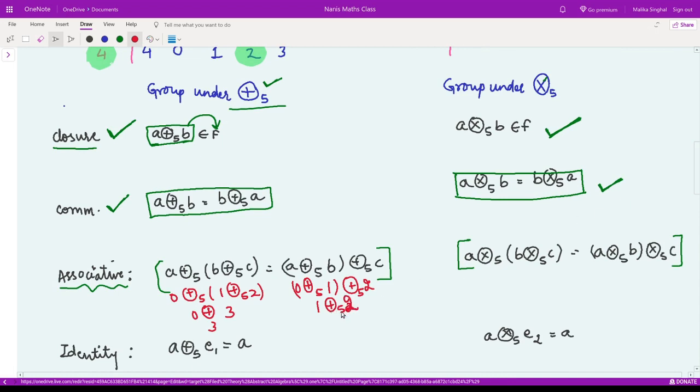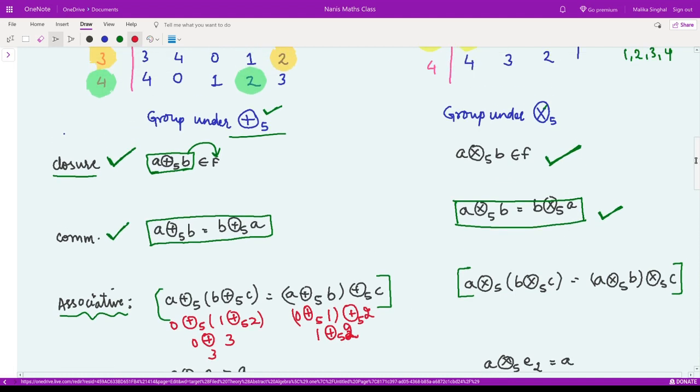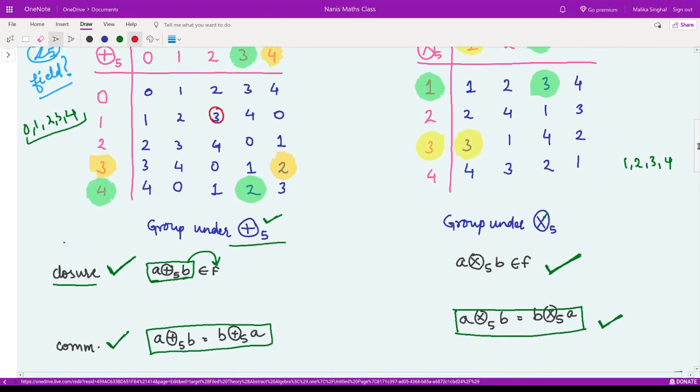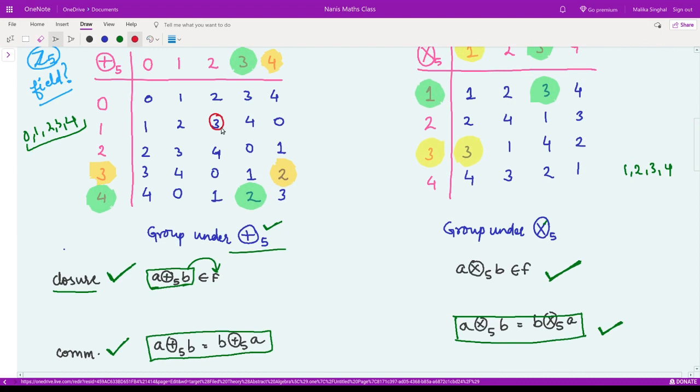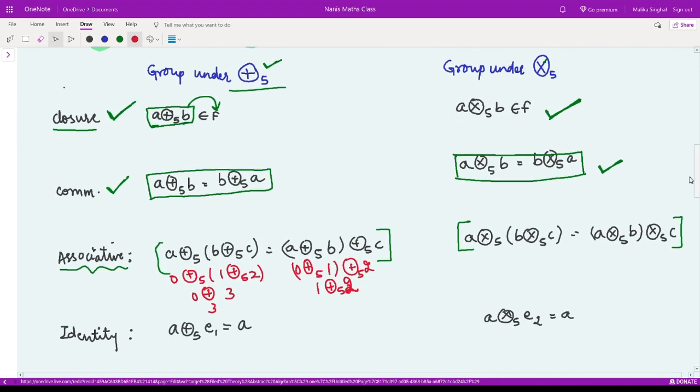It is again 3. So these two are equal, and this property is satisfied for addition. Likewise, you can check this property for multiplication. Let us take again 1, then 2 and 3.